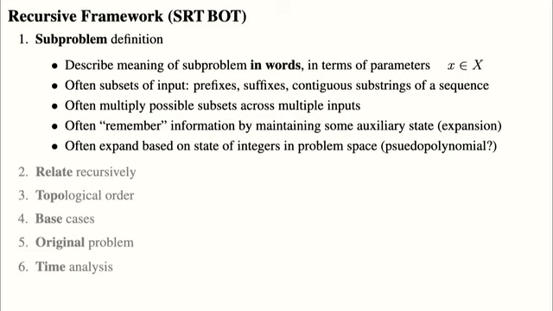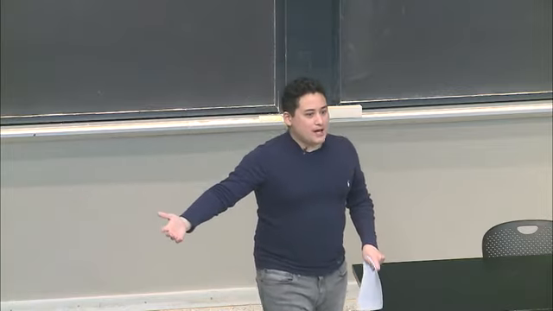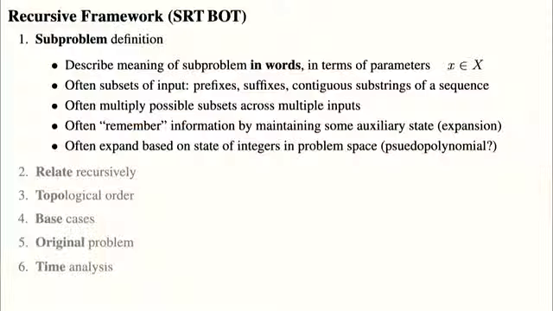Then when making subproblems, often what we're doing is we're recursing on different values of indices in a sequence or numbers in your problem, right? That's what we got to in lecture 18, I guess, when we were talking about expanding subproblems based on an integer in our problem. Actually, an integer in our problem is the number of things in a sequence, right?